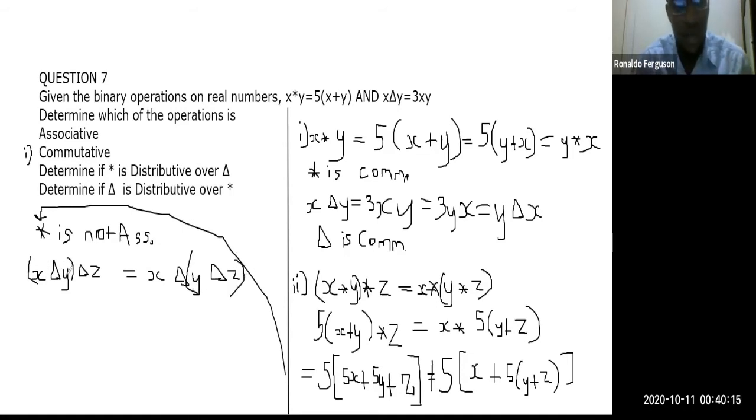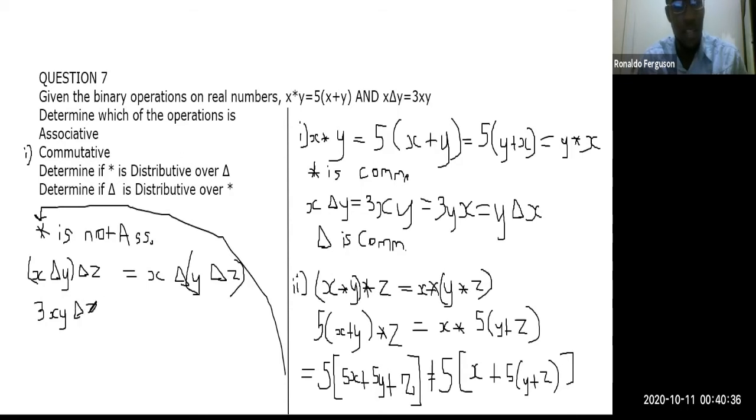To get x delta y first, x delta y is 3xy, and so we get 3xy delta z.